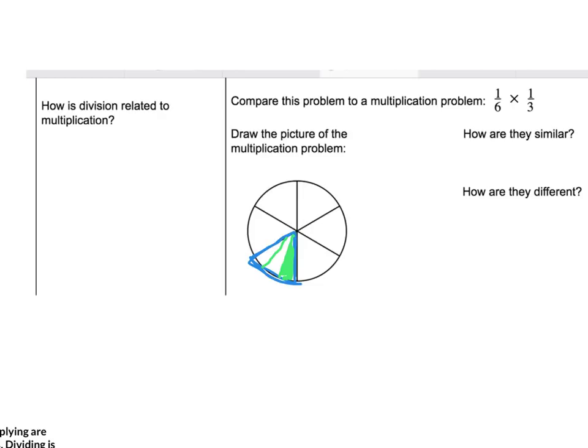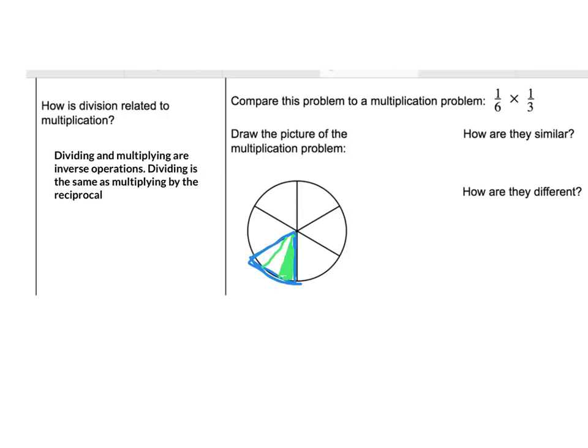So really what we've found is that to multiply by something and to divide by the inverse is really the same thing. And that's important. So dividing and multiplying are inverse operations. That means that they're really the opposite operation. Dividing is the same as multiplying by the reciprocal.